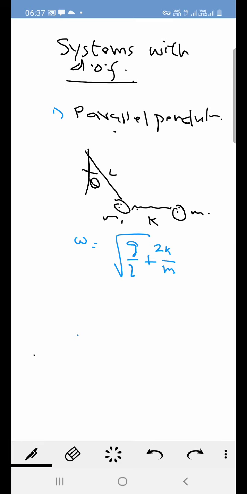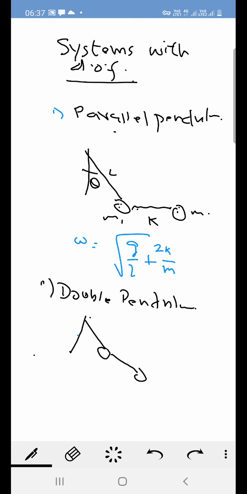This is the normal frequency, and so this goes for the parallel pendulum. Secondly, there is another thing called a double pendulum. So a double pendulum is also a modified form of the single pendulum. If we have two bobs attached to each other, the only difference is there is no spring constant, so there are two masses, A1 and A2. In this case the normal frequency of oscillation is mass independent. It's quite interesting.